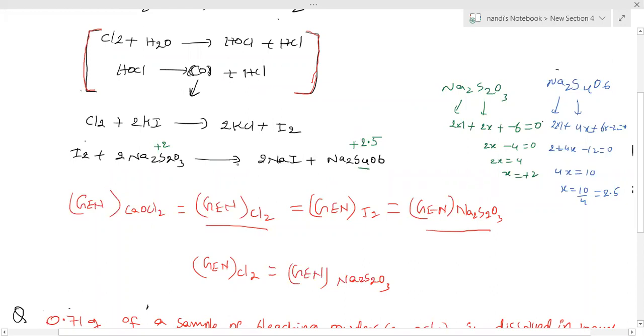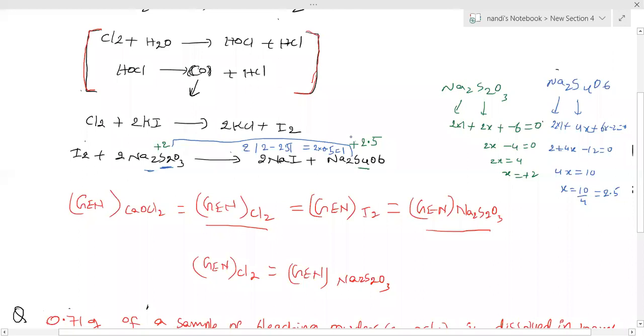What is the answer? 2.5. So now can you check the difference, how much? 2 and 2.5 difference, how much? How many sulfurs? Into 2, I think 2 into 0.5 is the final one, equal to 1.